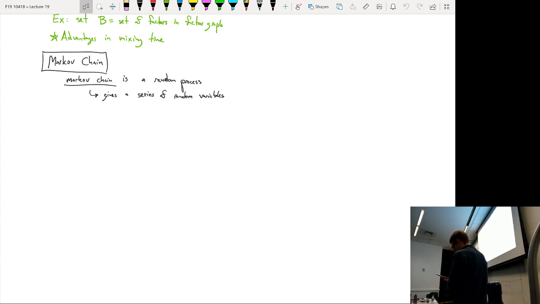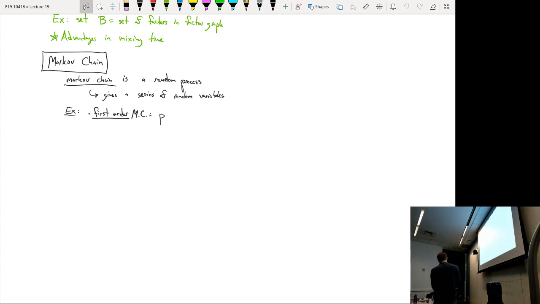Okay, so two examples of a Markov chain would be a first order Markov chain. And a first order Markov chain would be one where we say the probability, let's be specific. So a series of random variables which we'll call x superscript 1, x superscript 2, and so on up to some x superscript i, some x superscript i plus 1.